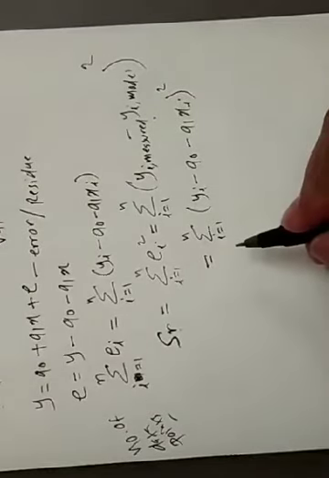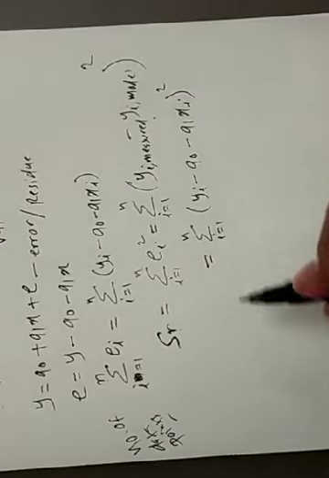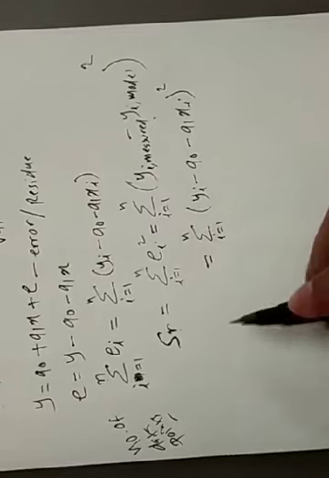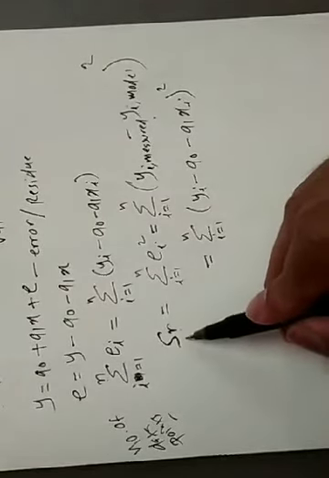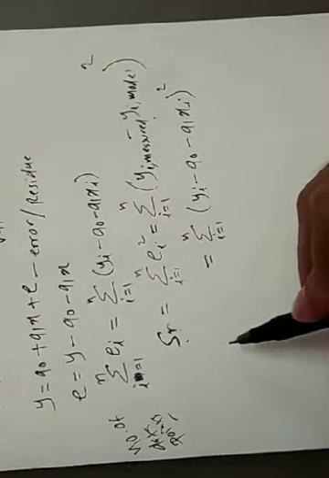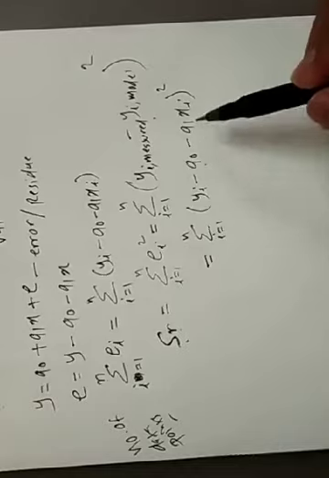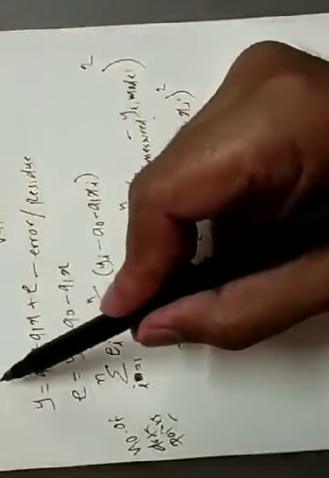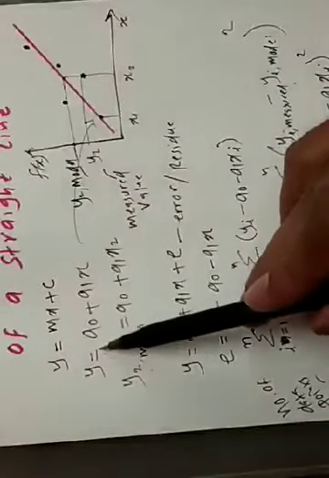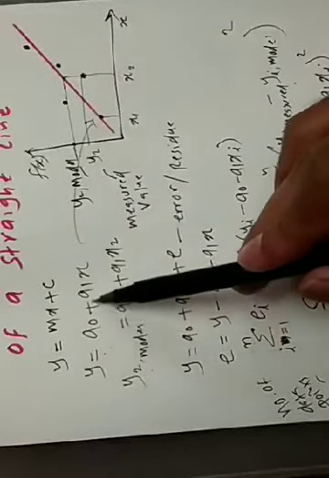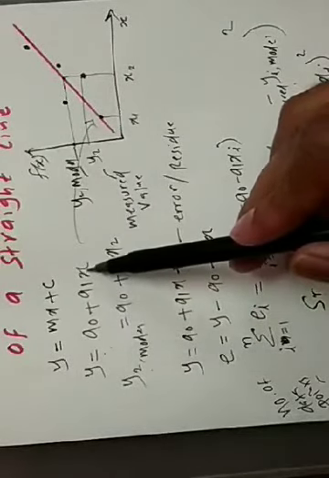Now for the best fit, we need to take the derivative of this SR with respect to a0 and a1, because we need to find out a0 and a1 in this equation. In this equation we have y is equal to a0 plus a1 into x.